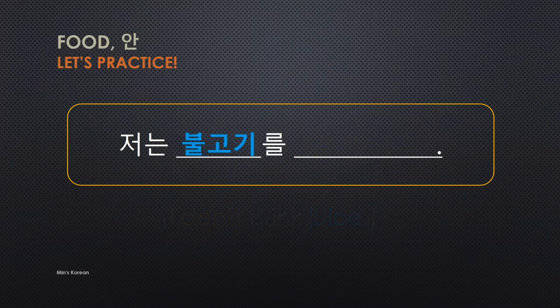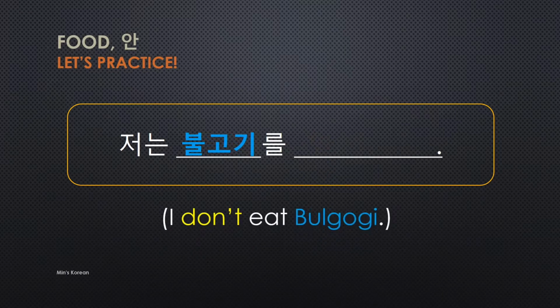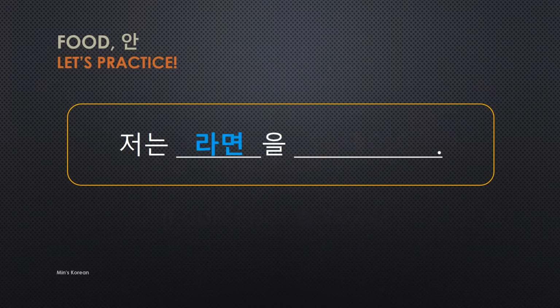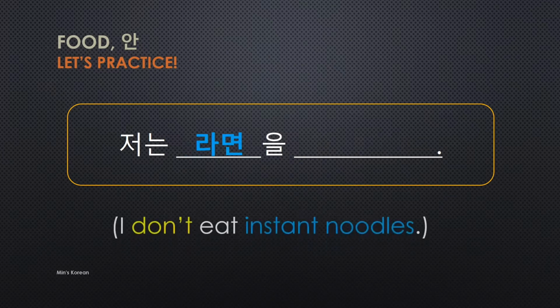자, next one, this time 불고기. So sentence. I don't eat 불고기. So don't eat, do not eat is 안 plus 먹어요, 안 먹어요. So 저는 불고기를 안 먹어요. 자, next one. 라면, noodle, instant noodles.